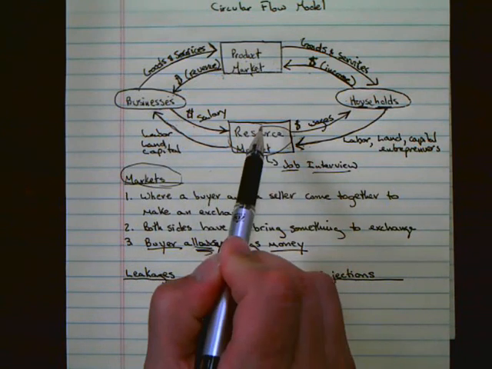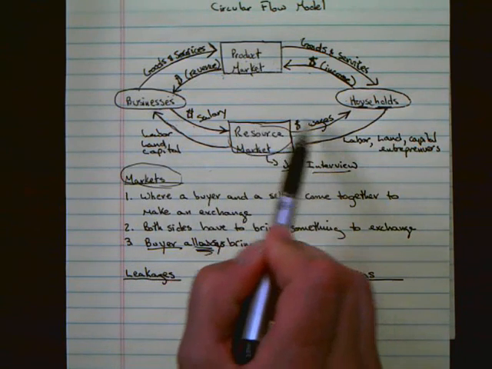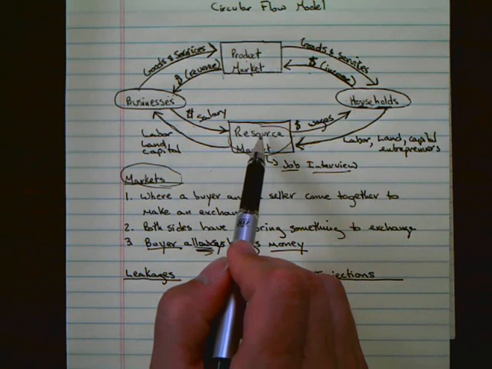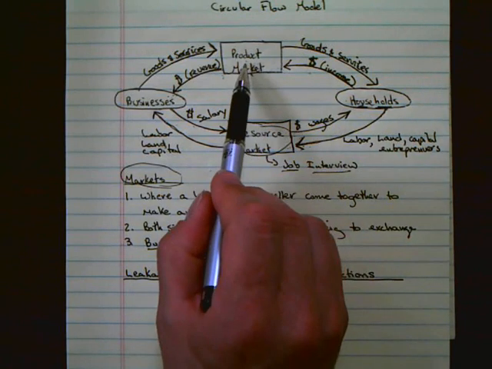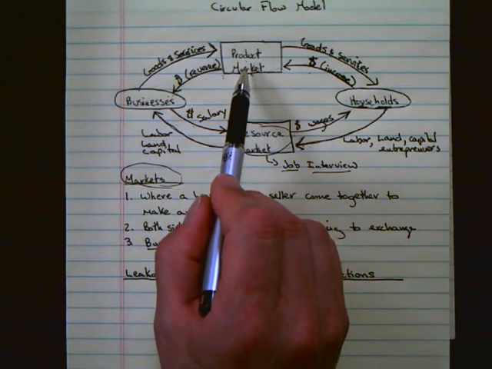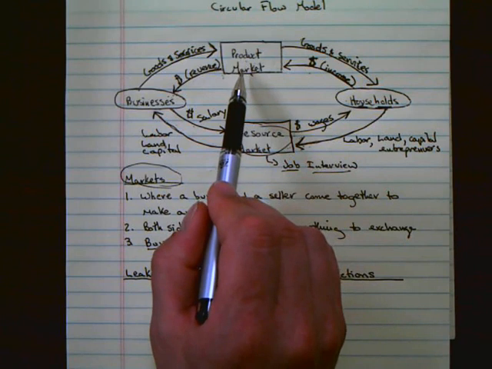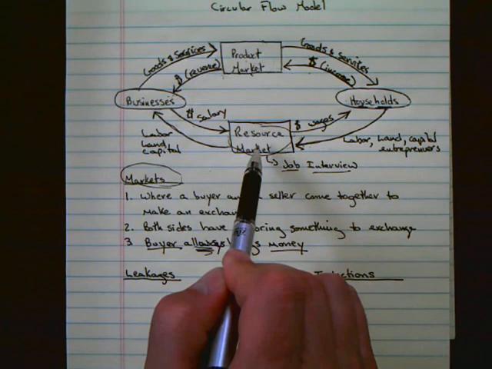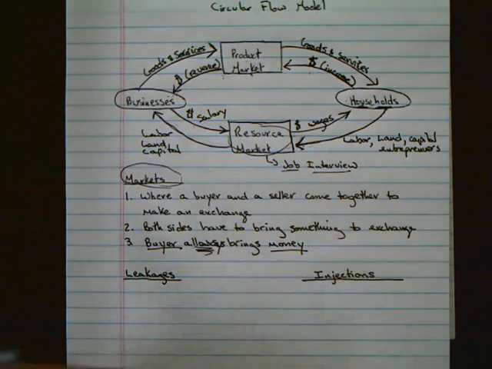If businesses aren't earning money, that means they don't have as much money to pay us in the resource market. So the number one cause of households losing their jobs is that we're not spending as much money as needed in the product market.